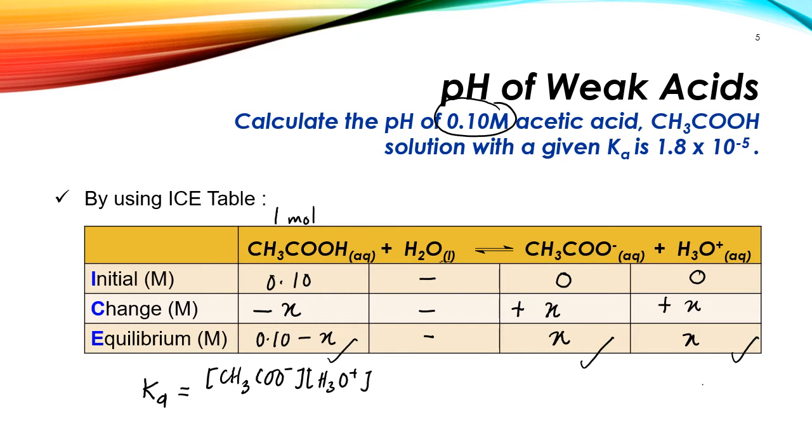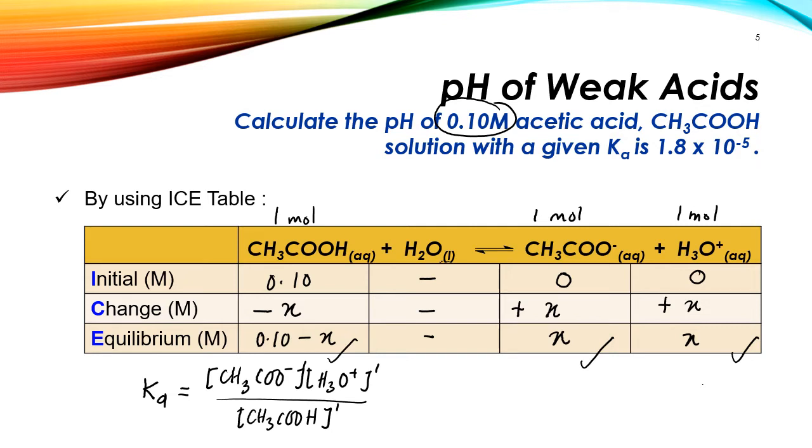Remember, there must be according to its stoichiometric coefficient. So in this reaction, there is only 1 mole of CH3COO- and 1 mole of H3O+, therefore they are to the power of 1 and power of 1. Divided by its reactant. The reactant that can be counted in the expression involves only the aqueous acetic acid. Therefore, the concentration of CH3COOH to the power of 1.